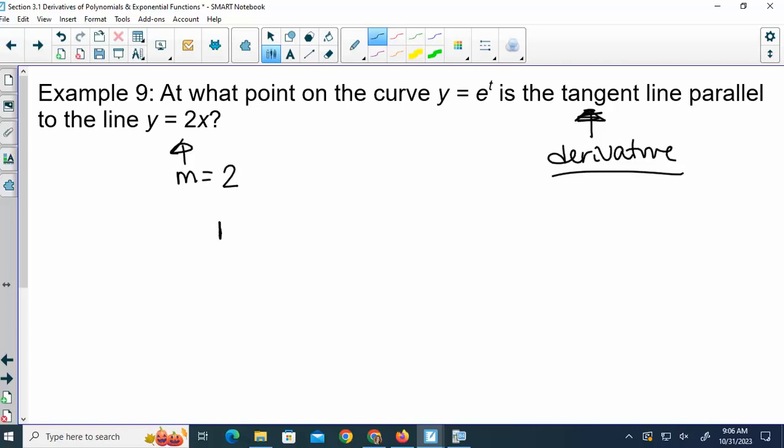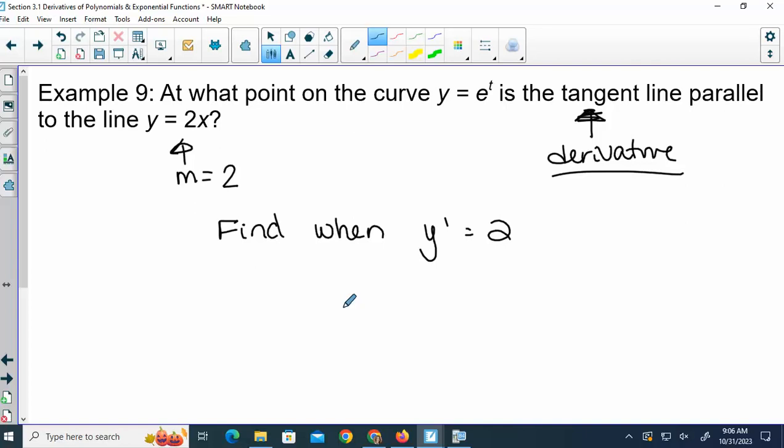So what I'm asking you to do is find when the derivative is 2. So the derivative here.